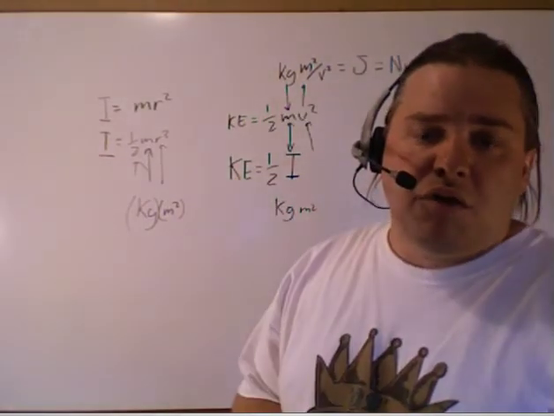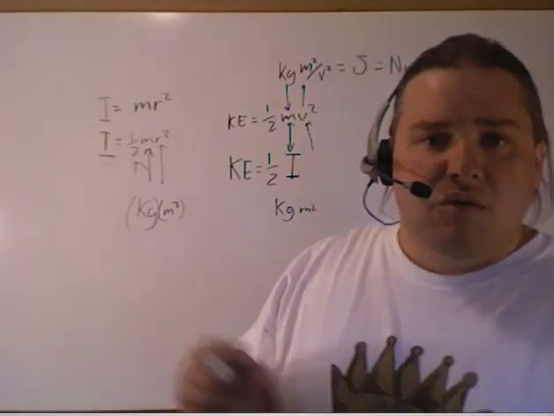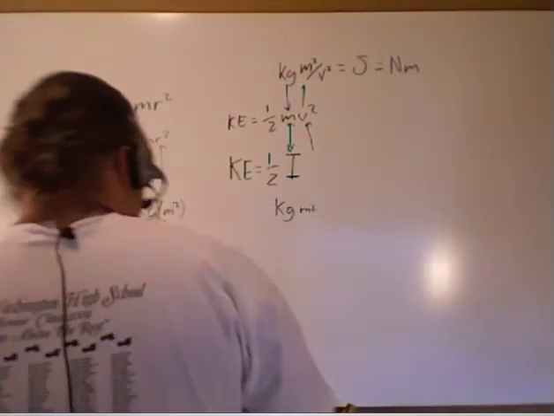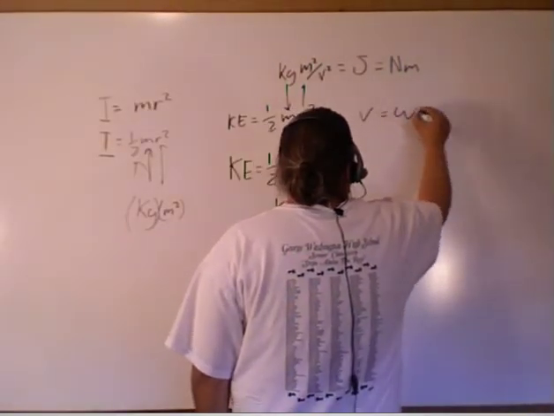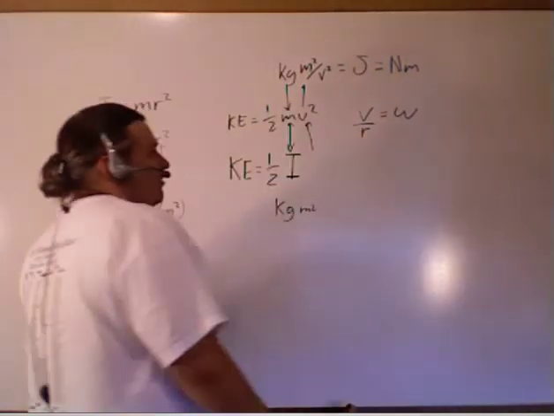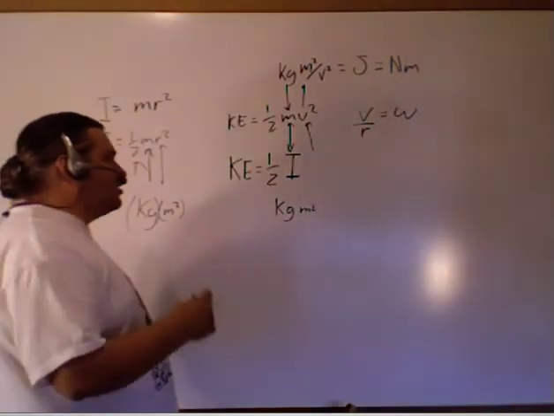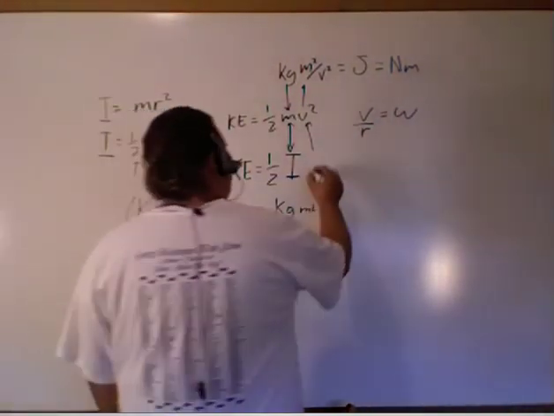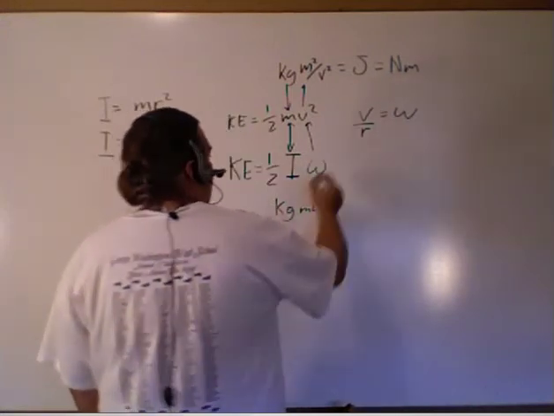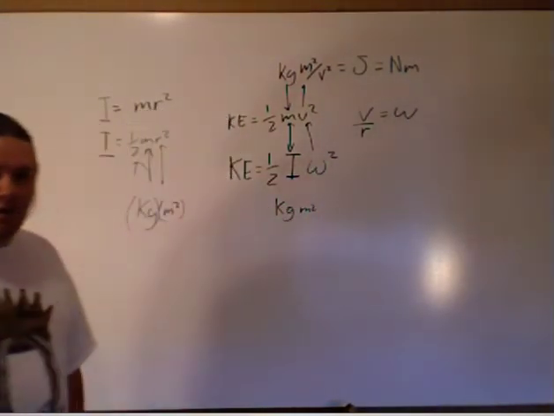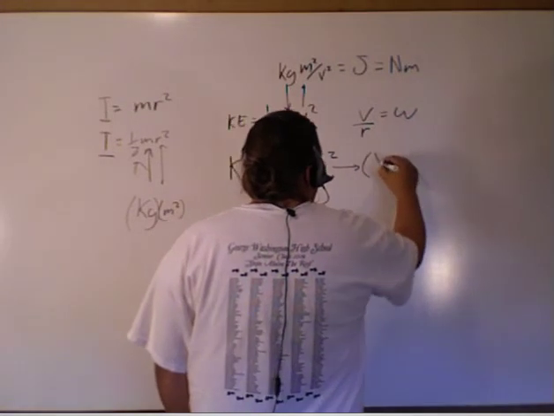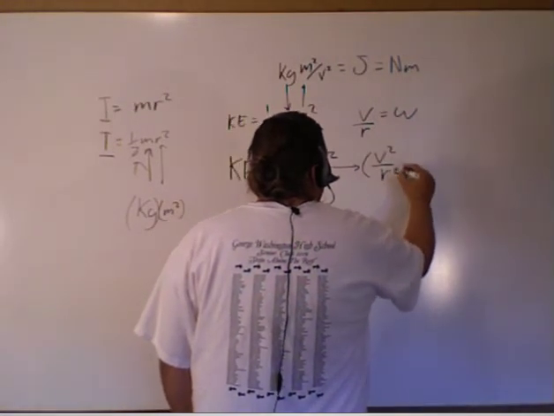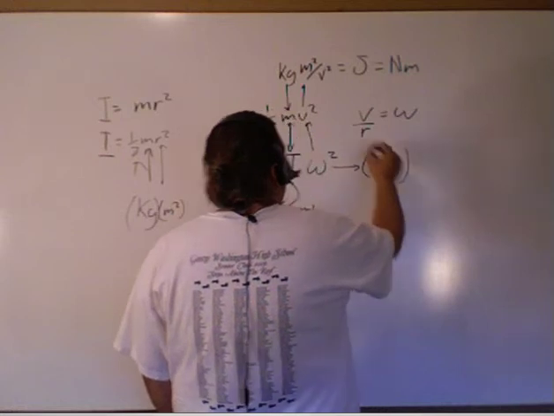When we want to translate that into a rotational component, we know the relationship between v and omega. When I bring in the rotational equivalent to velocity, which is omega, and square it, this is going to be equal to v squared over r squared, which is going to give me the units of velocity right here.